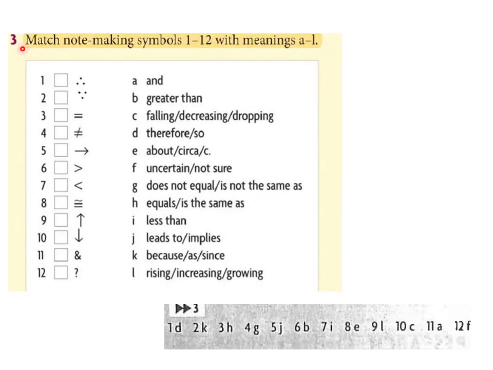The last part of the review, in exercise 3, they ask you to match the note-making symbols 1 to 12 with their meanings in letters A to L. For the first one, this symbol means therefore or so, while this symbol, number 2, means because or since, and this symbol means increase, while this one, number 10, means falling or decreasing, and this one, number 4, means doesn't equal, and so on.